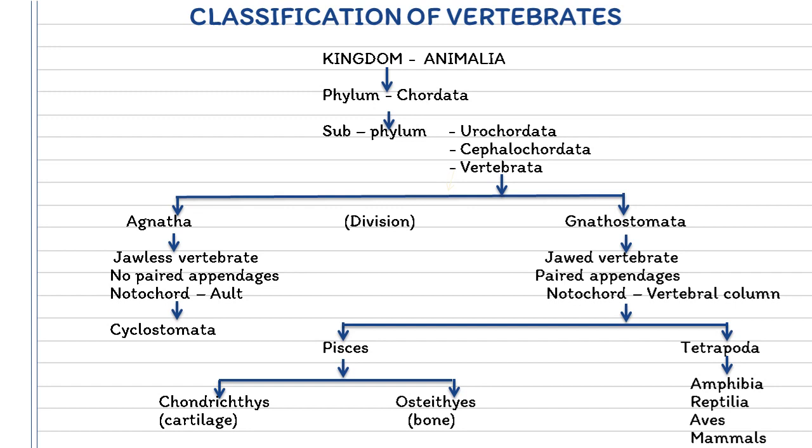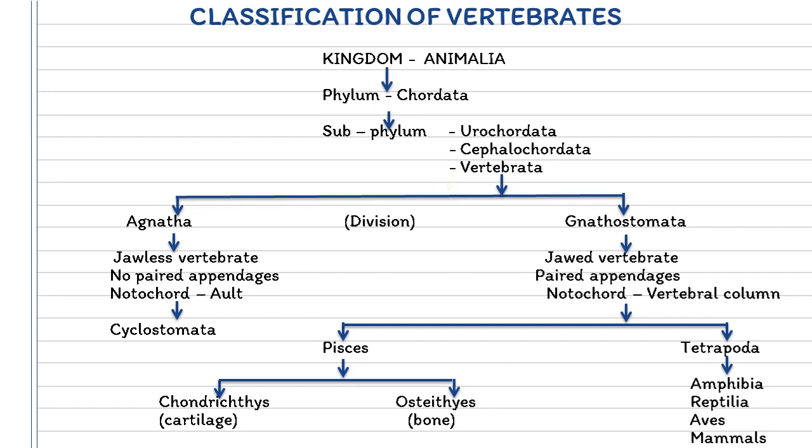Fine. And in Agnatha there are no paired appendages. What do you mean? There is no paired fin, pectoral fin, pelvic fin, no paired legs or limbs, right? But in Gnathostomata, there will be paired appendages, right?